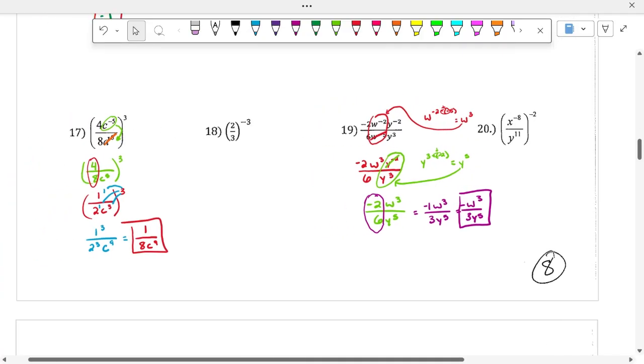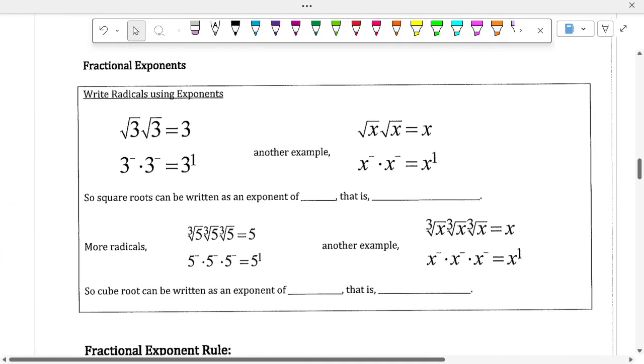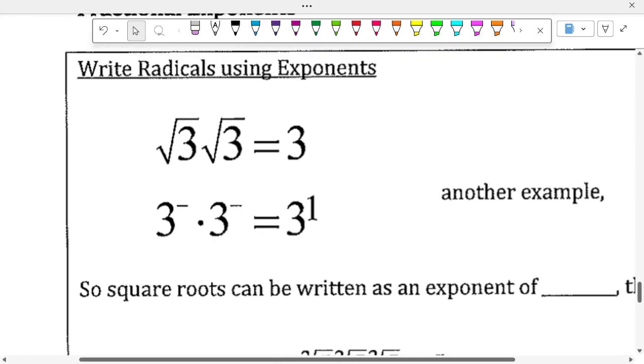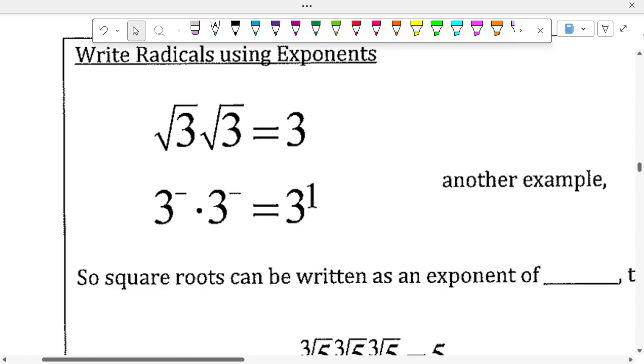Okay, moving away from negative exponents. The last thing we got to talk about today is fractional exponents, also known as rational exponents. This is review from the last unit, but if we multiply two of the radicals with the same radicand underneath, the same number underneath, we just get positive 3.